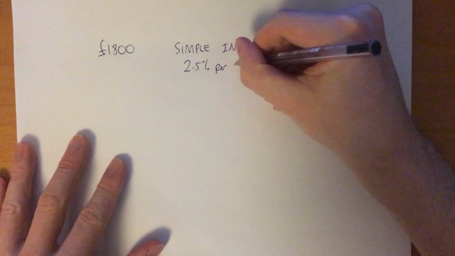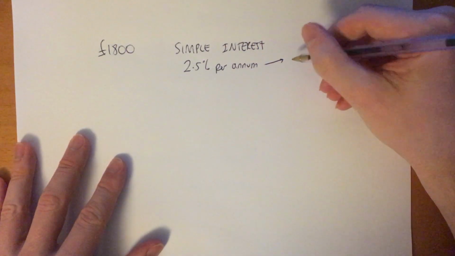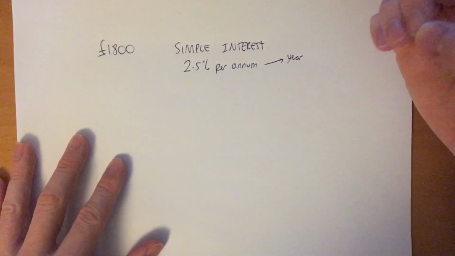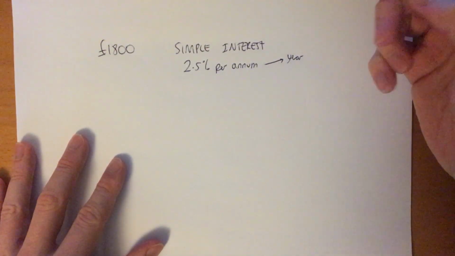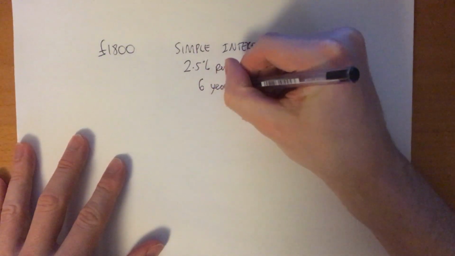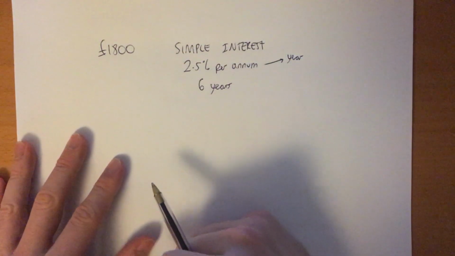Now they might say per annum. The word annum is the same as year, so don't get put off by the word annum. It means year. And we're going to do it for 6 years, let's say. So if you want to try this yourself, you can. I'm going to go through it now for those that didn't want to try it.